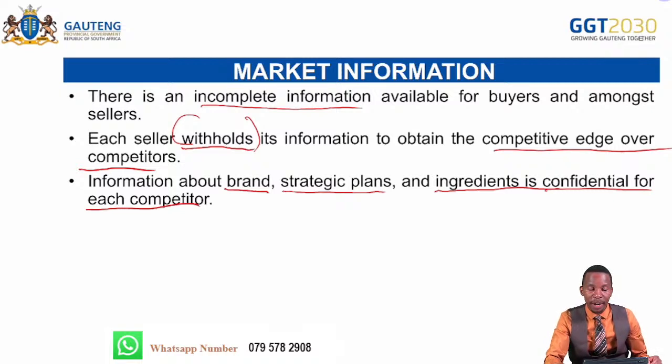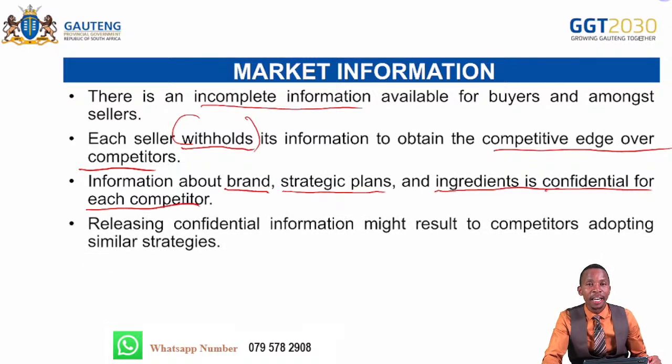So the main thing here is that the information under monopolistic competition is not free, is not perfect, is incomplete. It's hidden. For firms, there is a greater incentive to hide information because that information is profitable. They ensure that they protect their profitable information from their rival firms so that they will keep having a unique brand within the market.